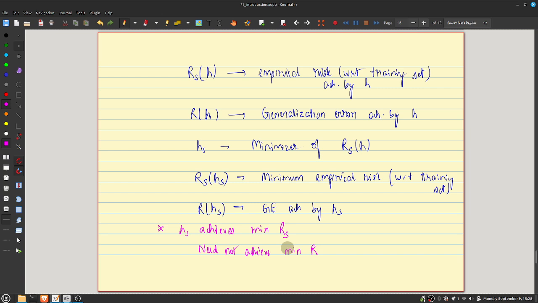So that's a key distinction. The H that minimizes the generalization error could be different from the H that minimizes the empirical risk. If somehow the empirical risk were equal to the generalization error, then yes, both of them would be the same. But in general, that is not going to happen.